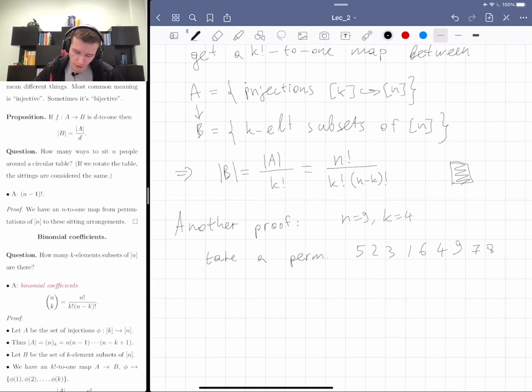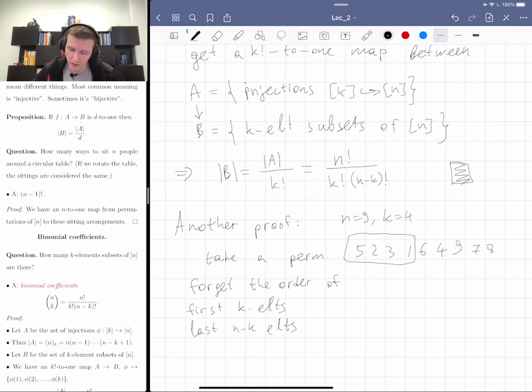Then what you do is you forget the order of the first k elements and the last n minus k elements. In this case, k is equal to 4, so you basically discard the last elements altogether, and then you just forget the order, so you get 1, 2, 3, 5. You get a k-element set.